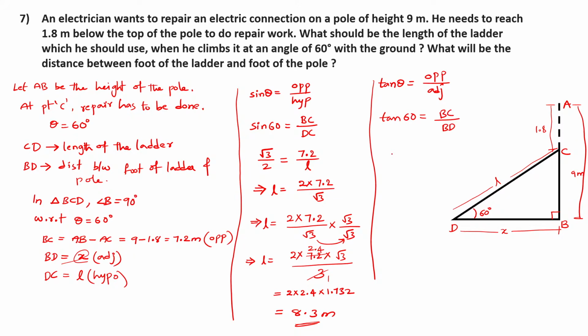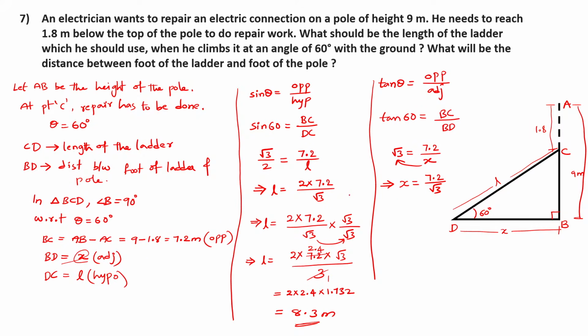Tan 60 is root 3, equal to the BC value, which we have as 7.2, over the BD value, which we don't know, it is X. Transposing this side, we get X is equal to 7.2 by root 3.